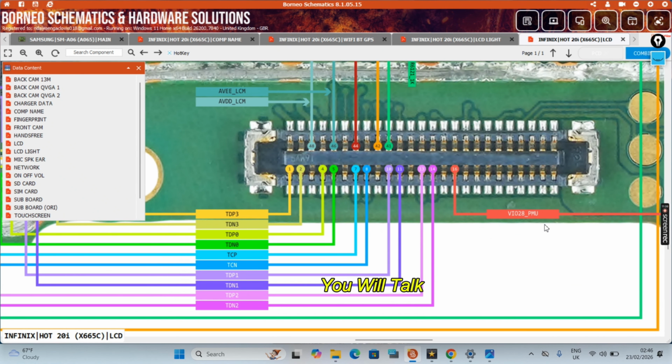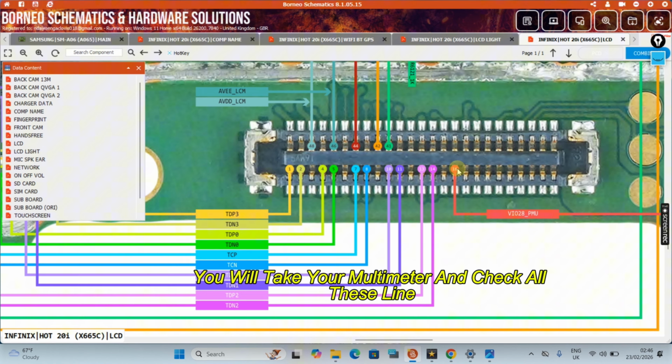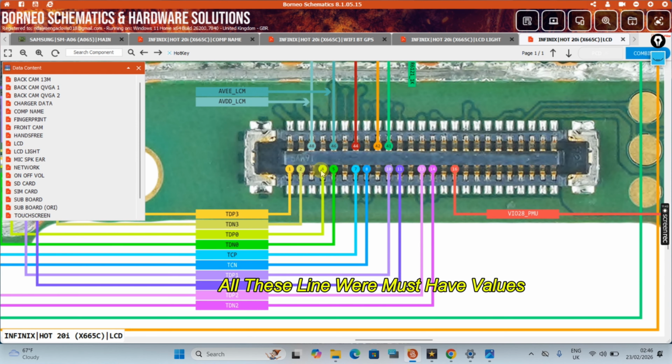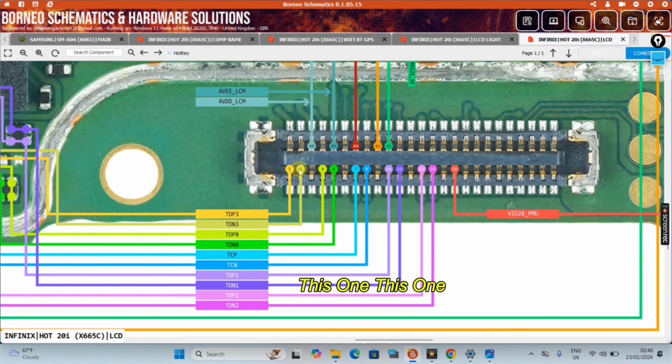You will take your multimeter and check all these lines. All these lines must have values, must have resistance, this one about 1, 2, 3, 4, 5, 7, 8, 9, 10, 11, 12 and 14, even 16.